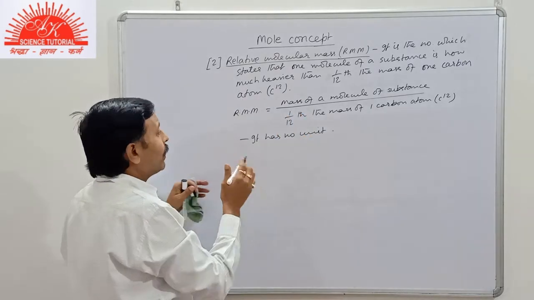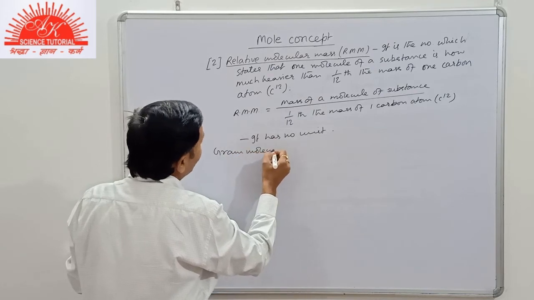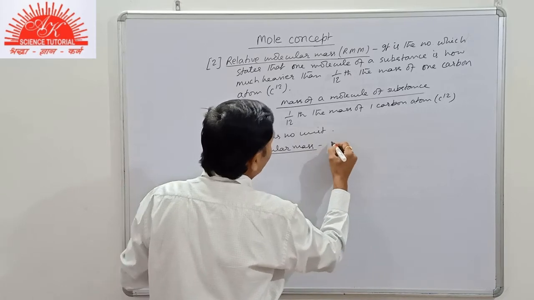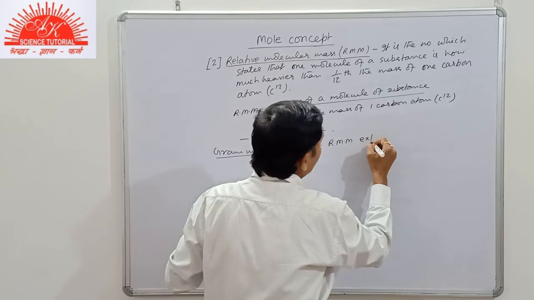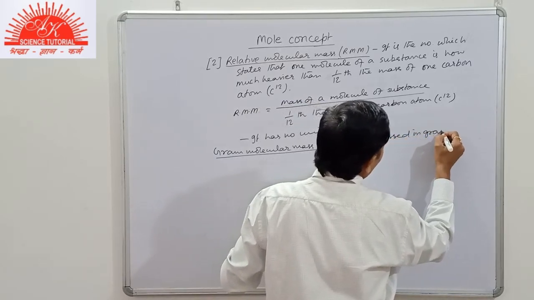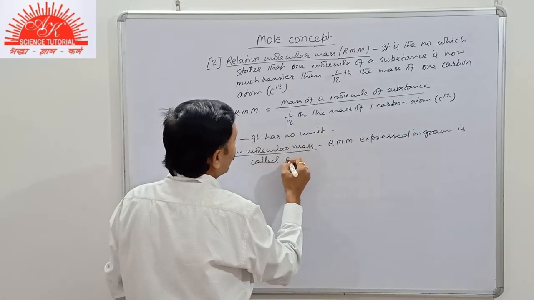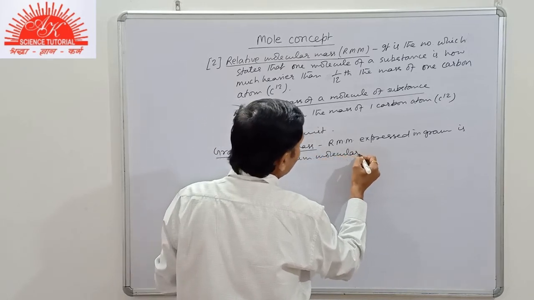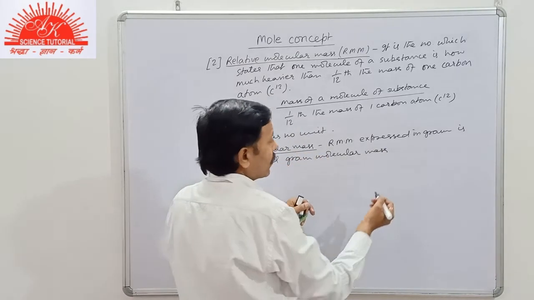Now, on the similar basis, we can have gram molecular mass. That is, relative molecular mass expressed in gram is called gram molecular mass, or simply molecular mass.